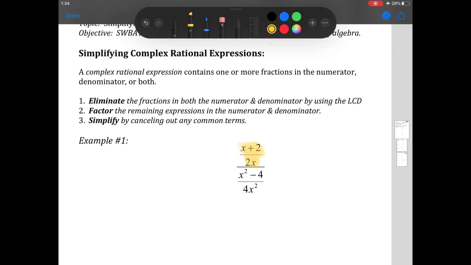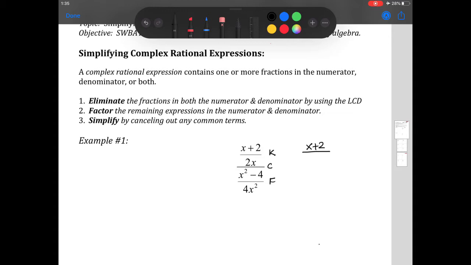If I look at my numerator, there's just one fraction. And if I look at my denominator, that's also one fraction. So I can actually just do keep, change, and flip, right? So I'm going to take it here.